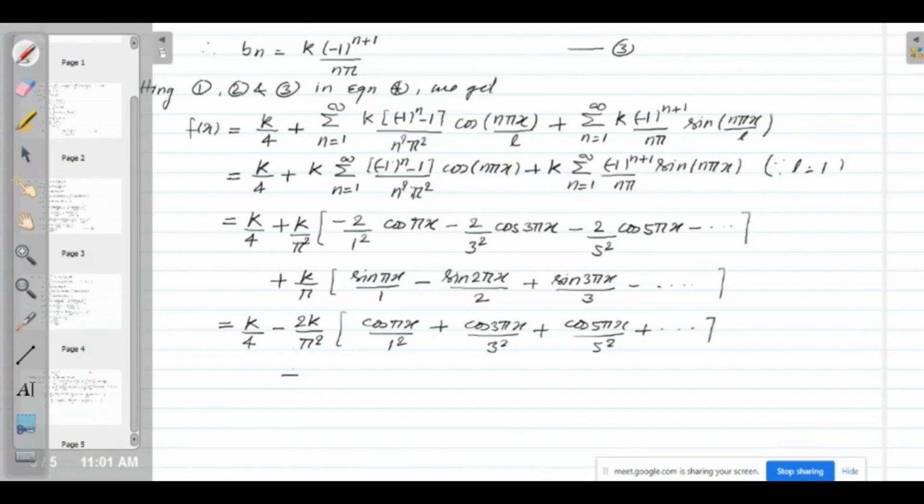And then plus k by pi, and here you will get sin pi x by 1 minus sin 2 pi x by 2 plus sin 3 pi x by 3 minus so on. Okay, which is the required Fourier series of the given function.